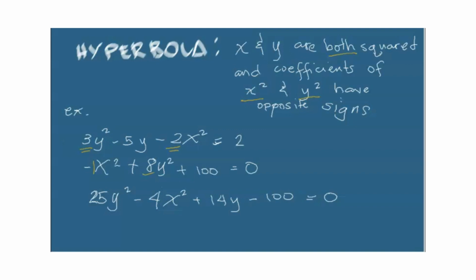Let's look at example number 3. 25y squared minus 4x squared plus 14y minus 100 equals 0. So we have an x squared and y squared. The coefficients, one is positive 25, one is negative 4. Opposite signs and different. So this is a hyperbola.